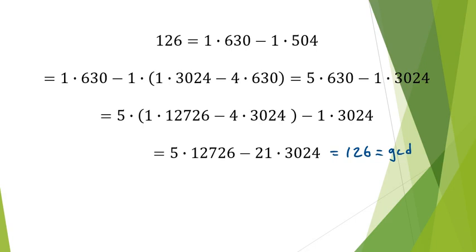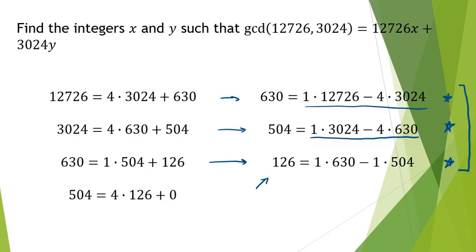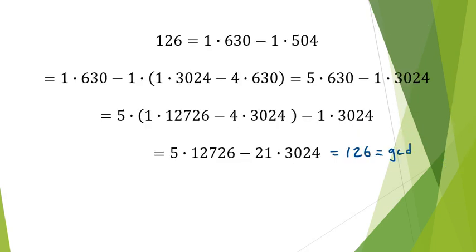The question said, find the integers x and y such that the GCD of these two numbers, 12,726 and 3,024, is equal to 12,726x plus 3,024y. Well, 12,726 times x plus 3,024 times y is equal to 126, which was my GCD.